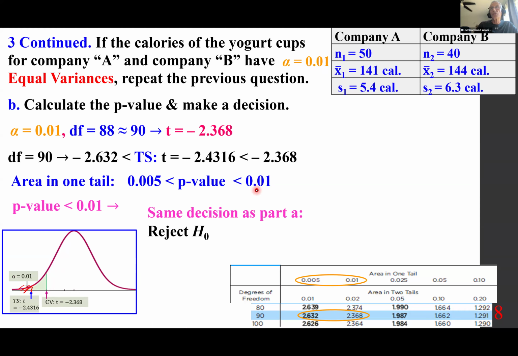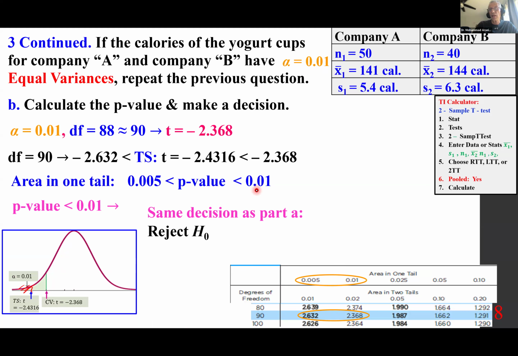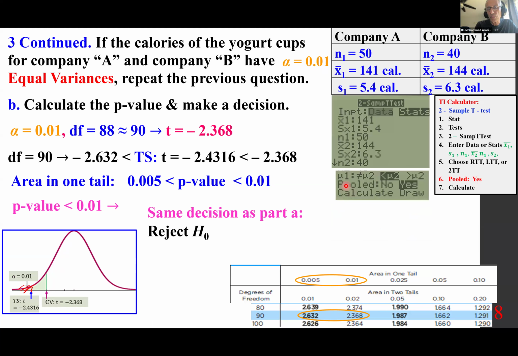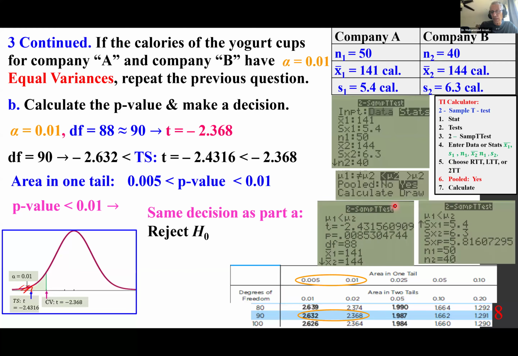As far as technology is concerned, see, we write exactly the same thing. Where the question is, it's a pooled variance, yes. So pooled, yes. Pay attention to this. This is called a two-sample t-test, and you put in all the information. Now you do the calculation. And when you do that, take a look at what happens here.